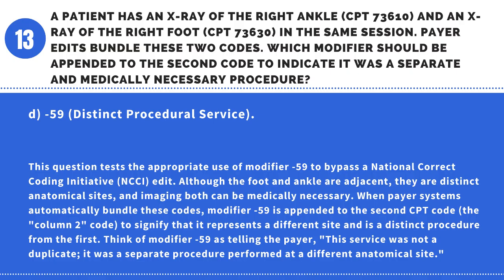When payer systems automatically bundle these codes, modifier -59 is appended to the second CPT code, the column 2 code, to signify that it represents a different site and is a distinct procedure from the first. Think of modifier -59 as telling the payer, this service was not a duplicate, it was a separate procedure performed at a different anatomical site.